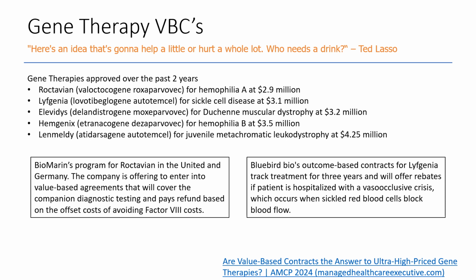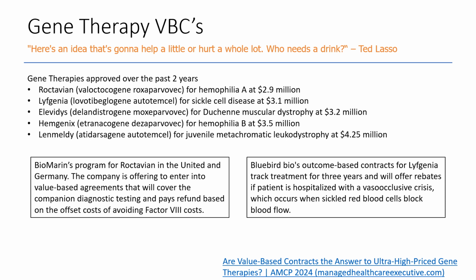Think about all the people that have hemophilia A. Not everyone that has hemophilia A is going to get Roctavian. So it's an even smaller subset of the population that is actually going to be eligible for and choose to take this gene therapy. That's part of the reason why they price them so high. Because these are priced very high, we definitely want to make sure that they're working.